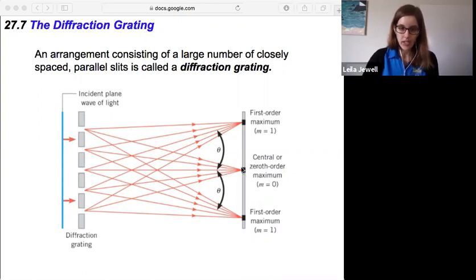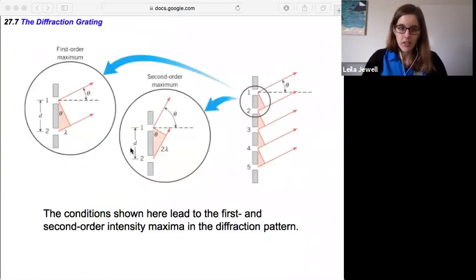And so what we get is that there's once again a bright spot in the middle. That's been very consistent, so that's nice. But we'll also have conditions to get to a maximum on either side, first order maximum, that's offset by some angle of theta. So let's take a closer look at this. To get to the first order or the second order maximum, it's going to have to be with two adjacent openings separated by whatever separation distance d there is between the slits.